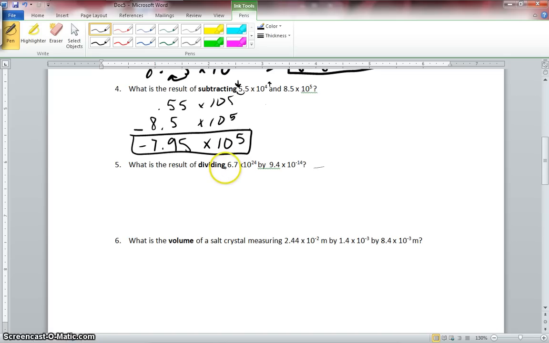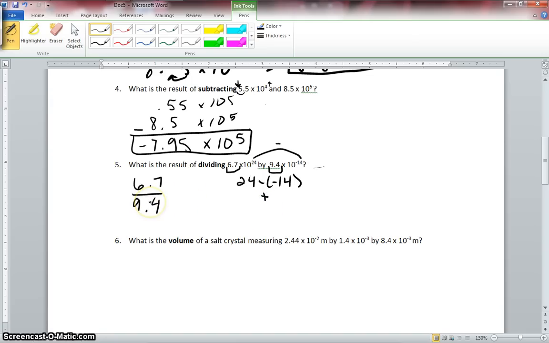So when you're dividing, we are going to go ahead and just divide the numbers, and then we're going to subtract the exponents. So it's just going to be 6.7 divided by 9.4, and then we're going to have 24 minus a negative 14. So when you have two minuses, that means it's like plussing.